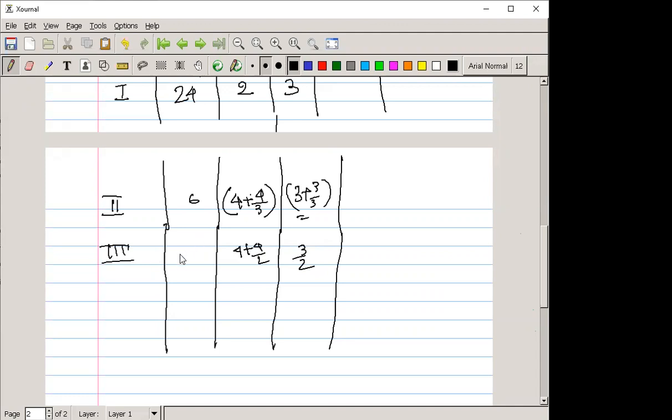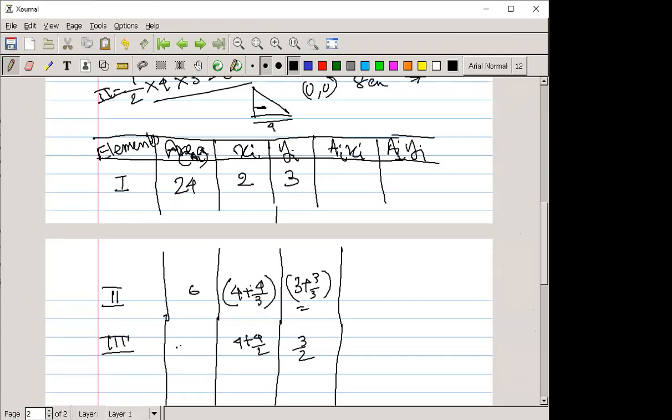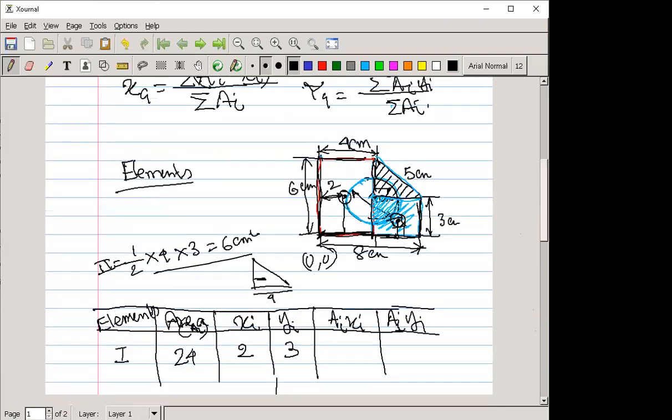And the 4 and 3, na? 3 and 4. 4 into 3, that is the area. Clear? And that is 1, this is 2, and this is 3. Minus this total portion, right?